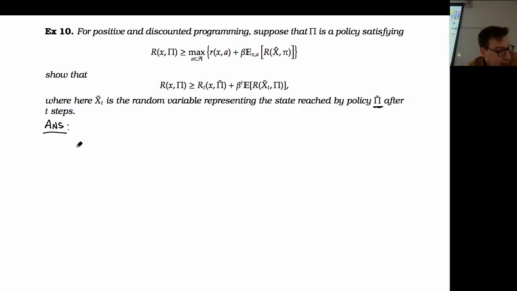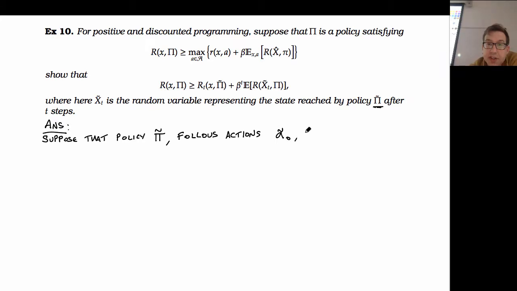So what we're going to do is suppose that policy pi tilde, some other policy that's not necessarily equal to pi, follows actions a tilde 0 as its first action, then a tilde 1, all the way up to a tilde t minus 1.